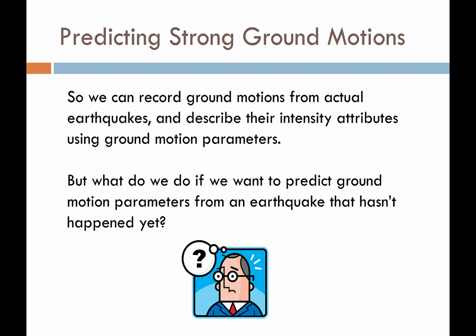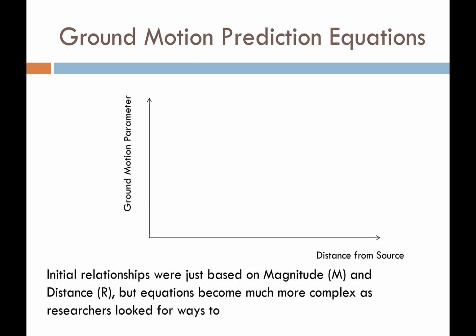So if we can record ground motions from actual earthquakes and we have metrics to describe their intensity using ground motions, what can we do if we want to predict ground motion parameters from an earthquake that hasn't happened yet? So this is where we get into the development of what are called ground motion prediction equations, or GMPEs.